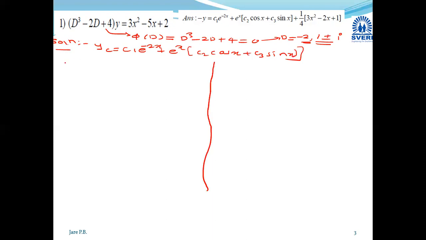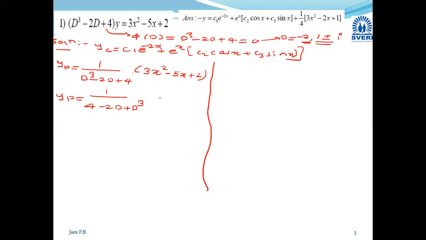So yp equal to 1 upon phi of D, D cube minus 2D plus 4, into f of x, 3x square minus 5x plus 2. So we got the yp. Now use the usual right-hand term. So this equals 1 upon (4 minus 2D plus D cube) into 3x square minus 5x plus 2.